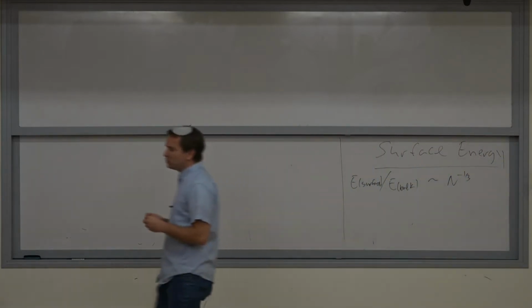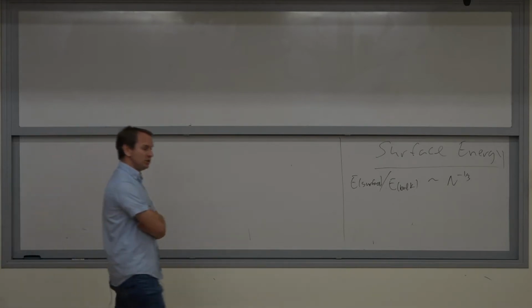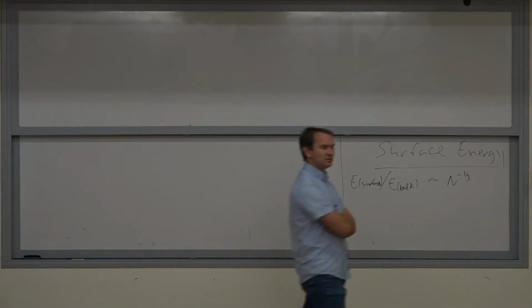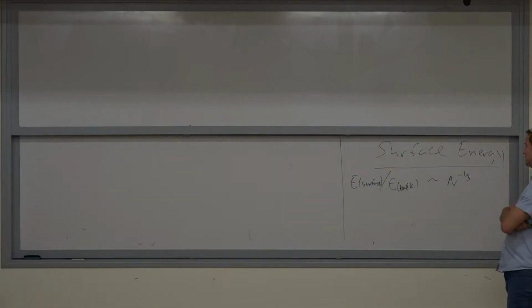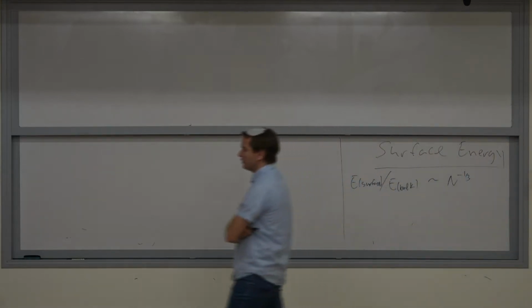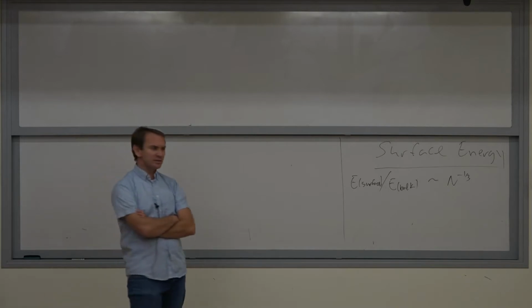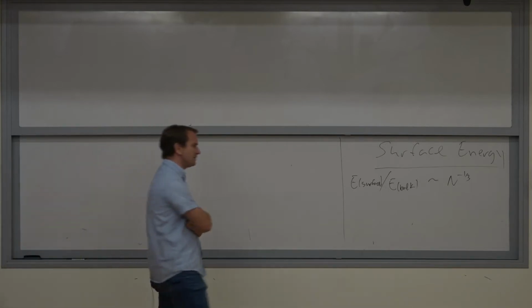So the contribution of the energy at the surface to the total energy is minor. It's basically negligible. Okay? And this is why it has almost no effect on the extensivity properties of the system. But today I want to discuss some different aspects.